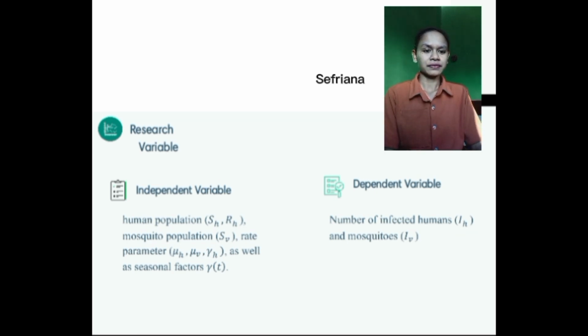Mosquito population SV, that is mosquito population susceptible to infection. Related parameters, that is mu H, mu V, and gamma H, as well as seasonal vector, that is gamma of T. And the dependent variables in the study include the number of infected humans and mosquitoes: IH, that is the infected human population, and IV, that is infected mosquito population.